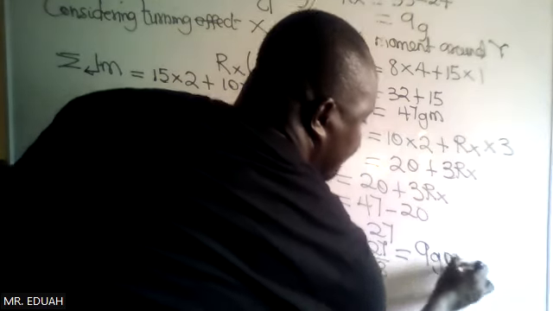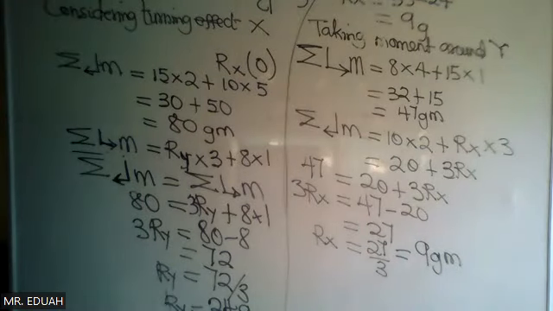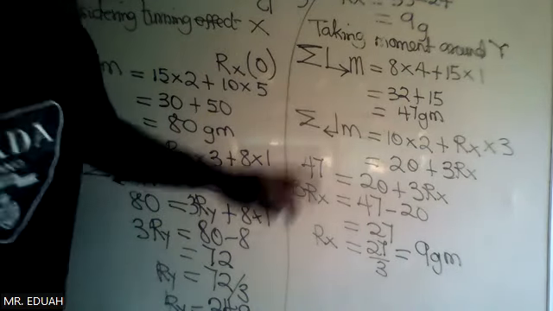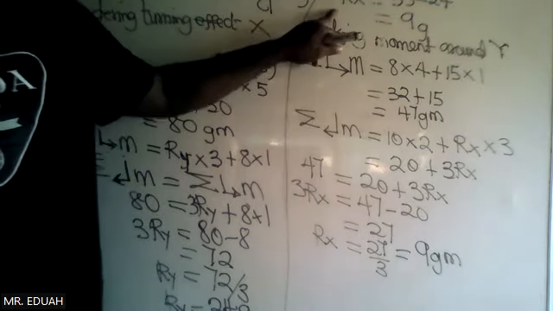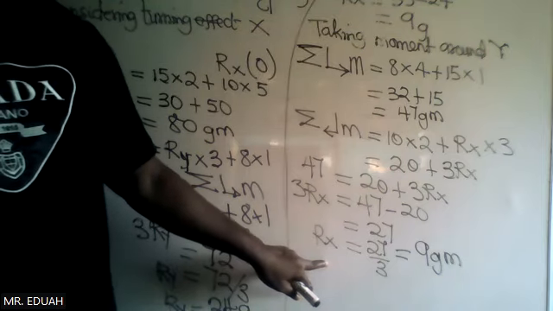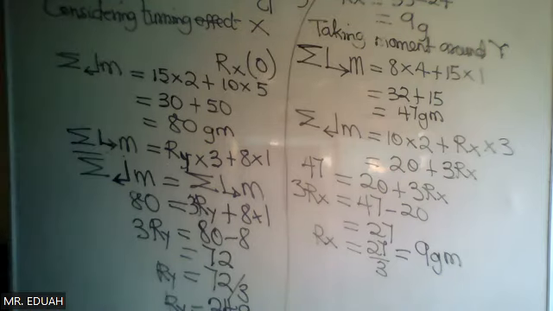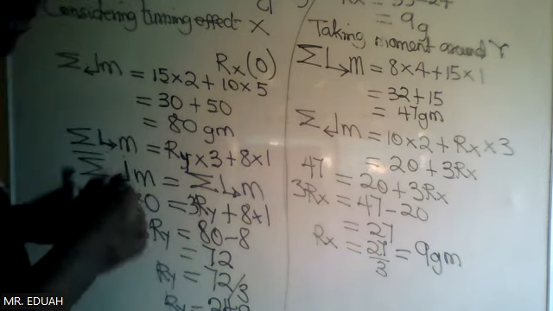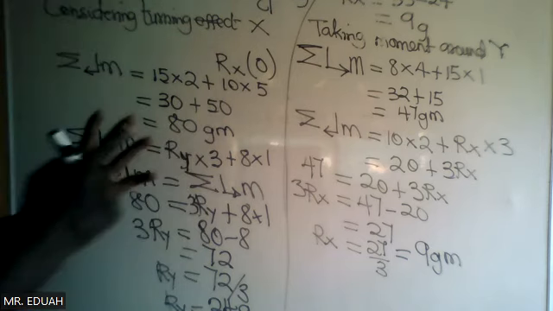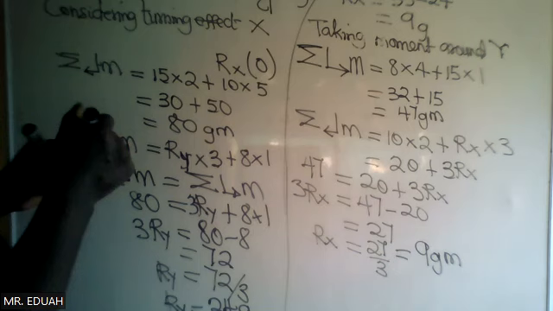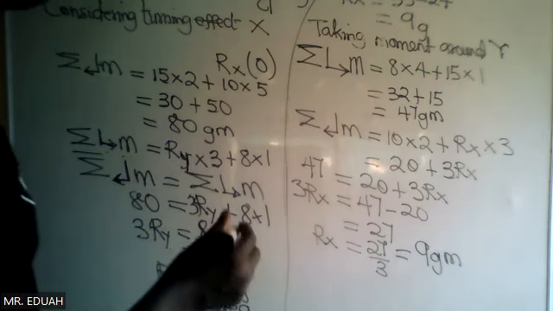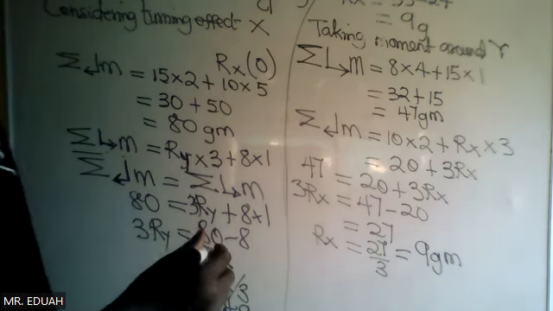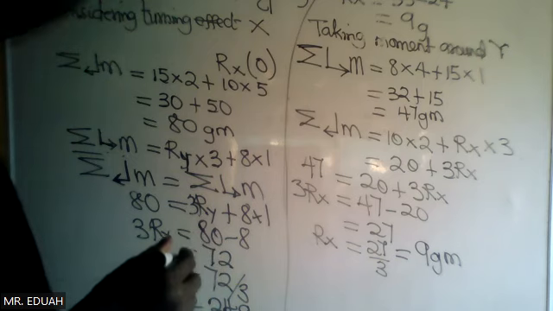So this is 9 gram meter. Now, having had Rx and Ry, I will use the second law to test whether my figures are correct. The second law is that the sum of upward forces must be equal to the sum of downward forces.